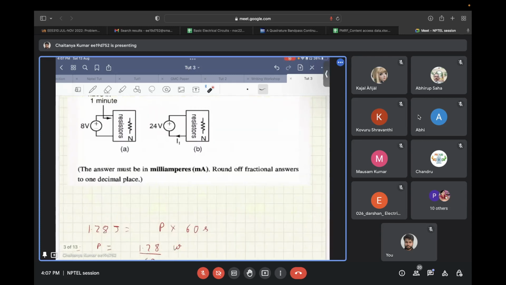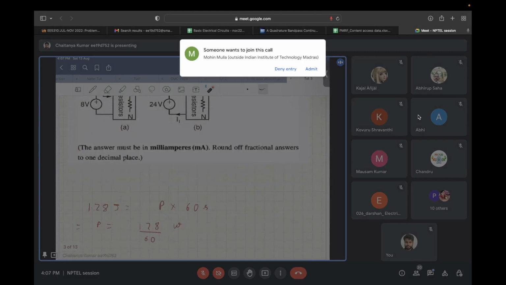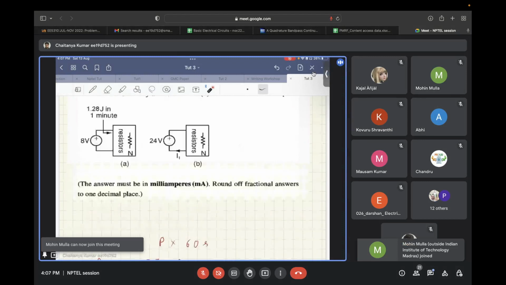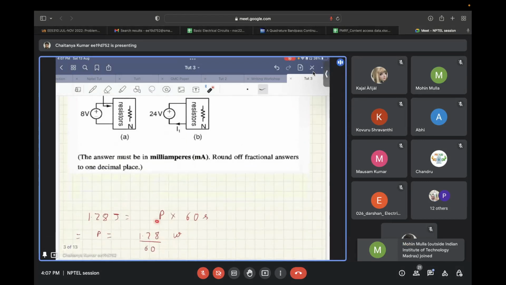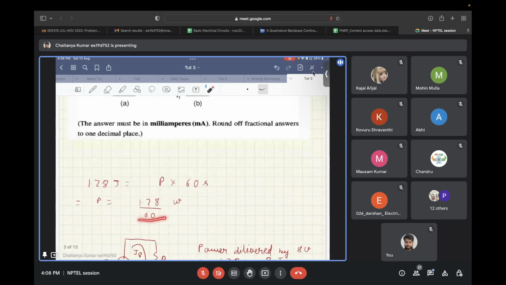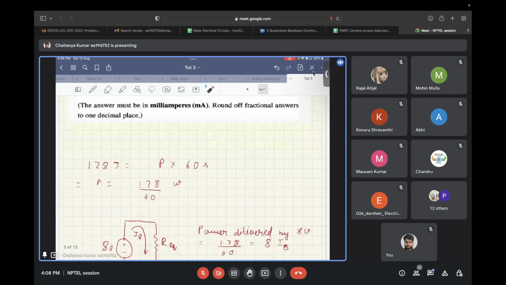Now, if the network is consuming 1.28 joules of energy in 60 seconds, that is 1 minute, the power that this network is absorbing is the energy divided by the time in seconds, and that comes out to be 1.28 by 60 watts.